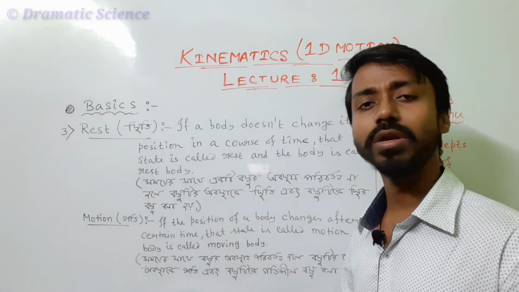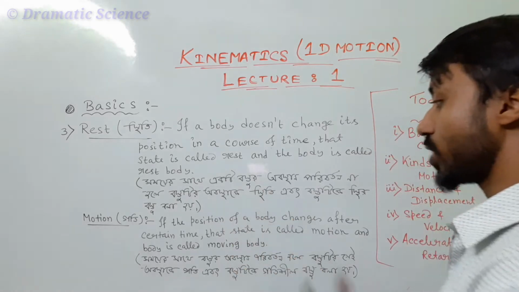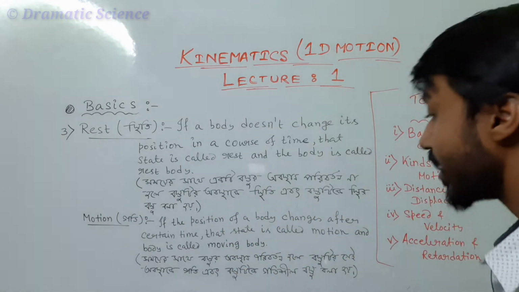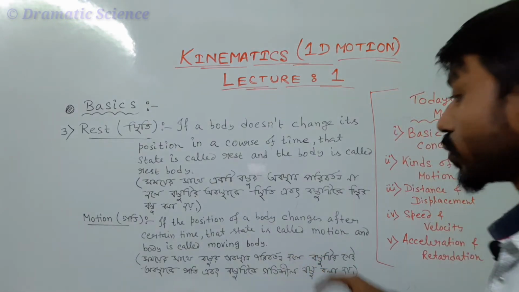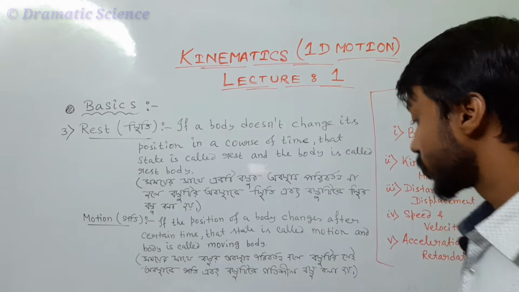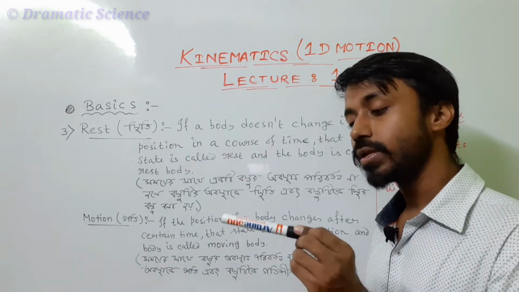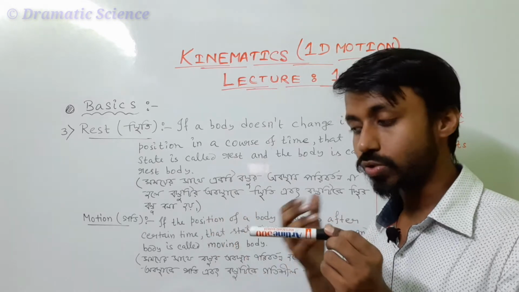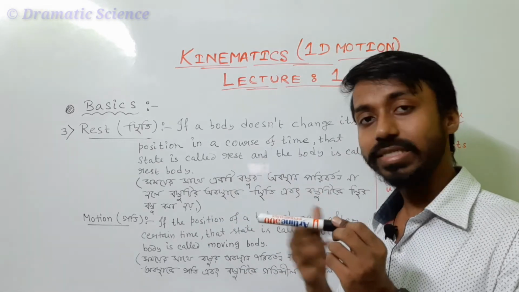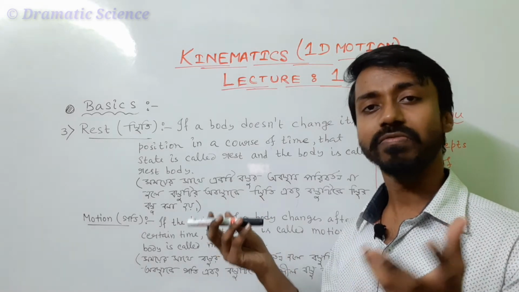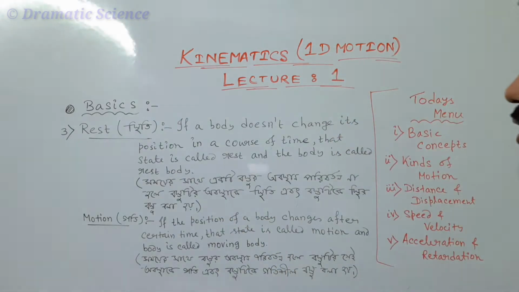Motion: if the position of a body changes after a certain time, that state of the body is called motion, and the body is called a moving body. So a body will move from one place to another after a certain time. That state will be called motion, and the body will be called a moving body. Very simple, right? So this one is basic number 3.